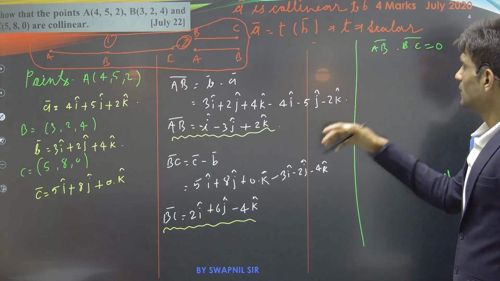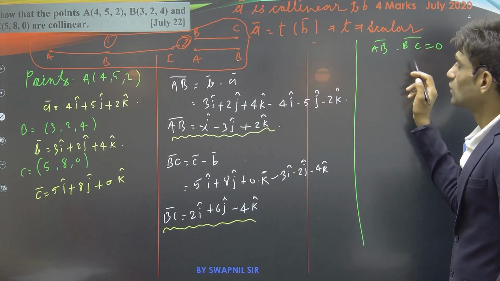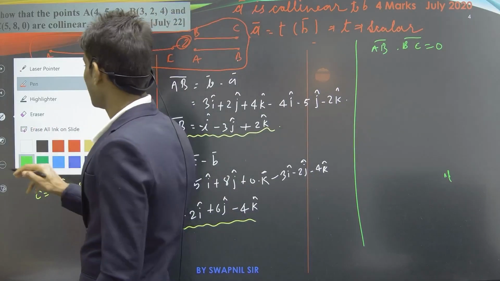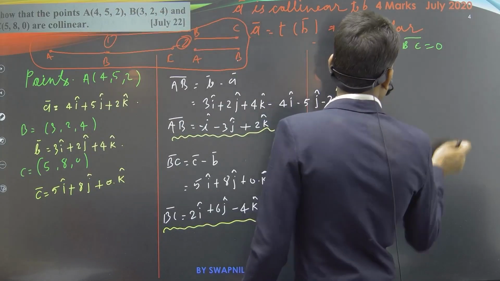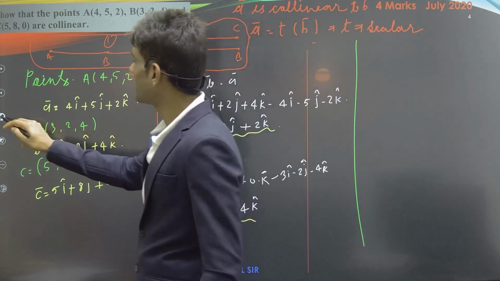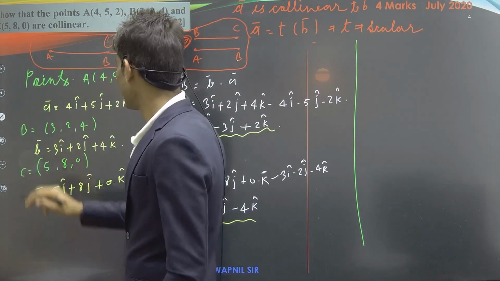It's not 0, because we write one vector as some scalar multiple of another. That's what we have to define here.